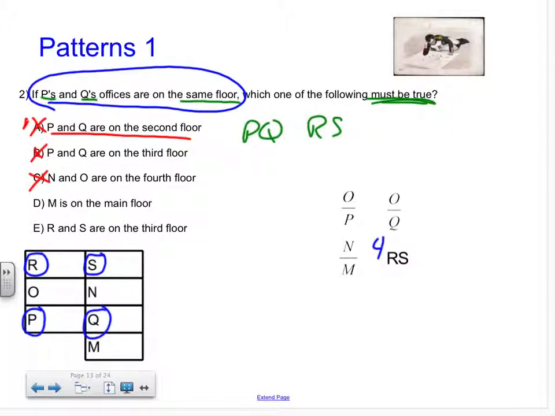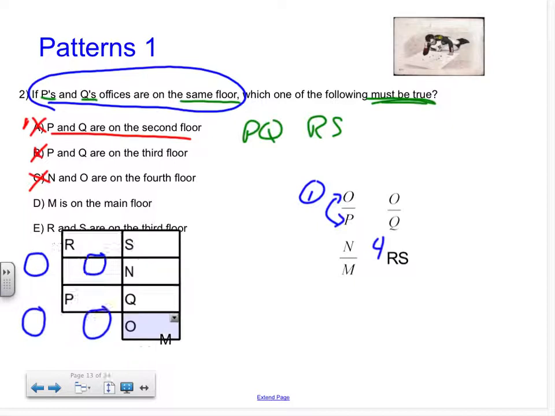And if we swap places with O and M, we know that we'll break a condition, because now O will be below Q, and that will break condition 1.